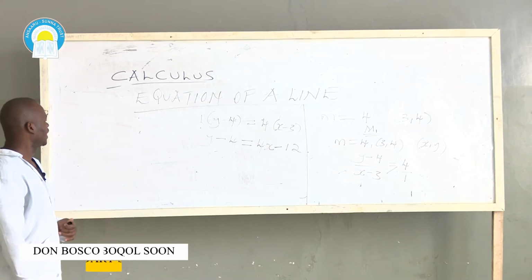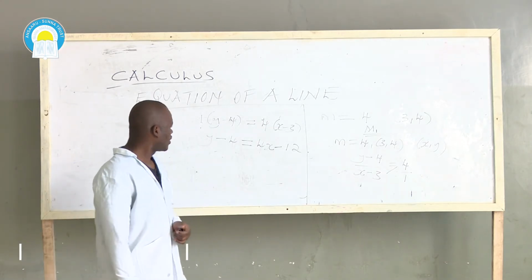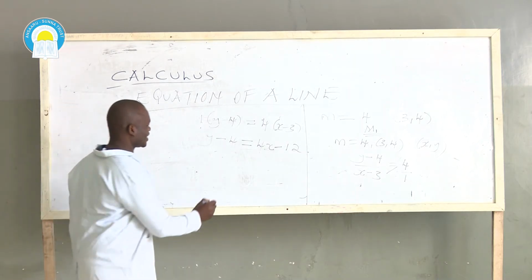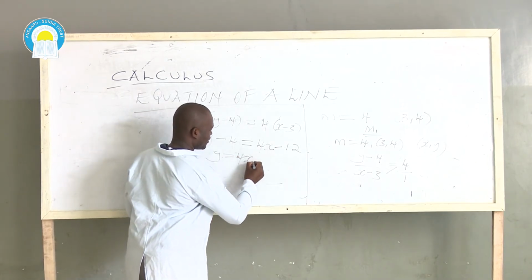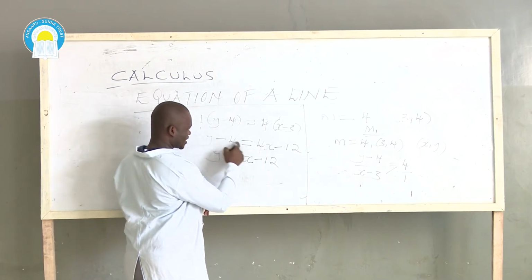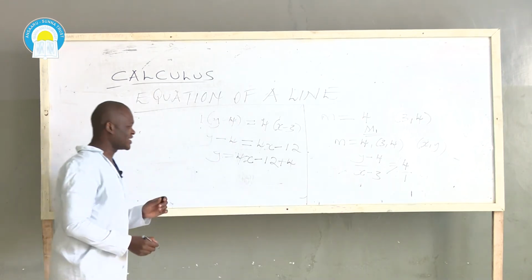Then we want to give it in the general form of y is equal to mx plus c. It means I'll have y equals 4x minus 12, with the negative 4 crossing to the other side to become a plus 4.